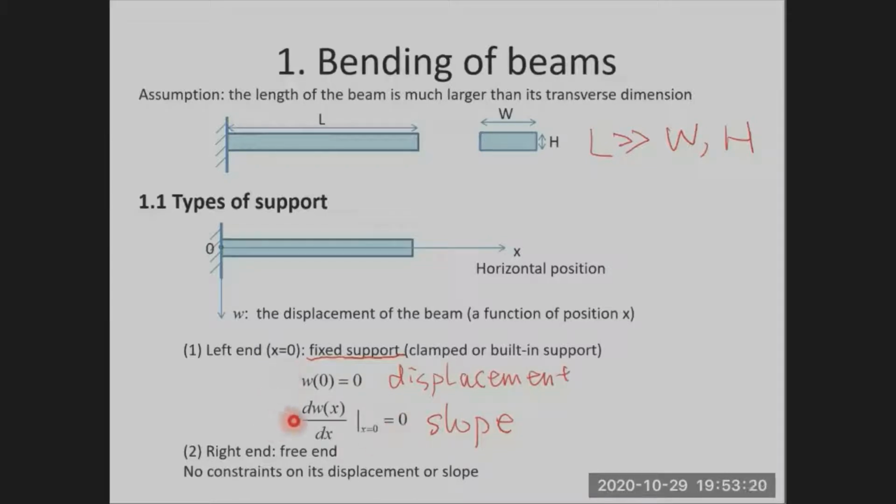So we have these two conditions for a fixed support. That's the left end. And the right end of the beam is a free end. There are no constraints on its displacement or slope. That's a free end.